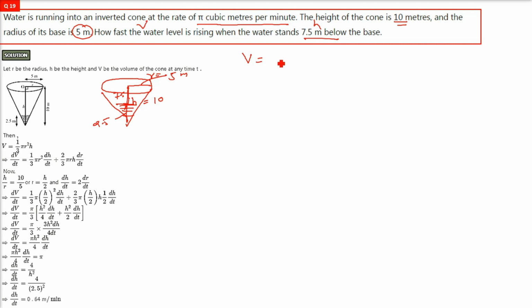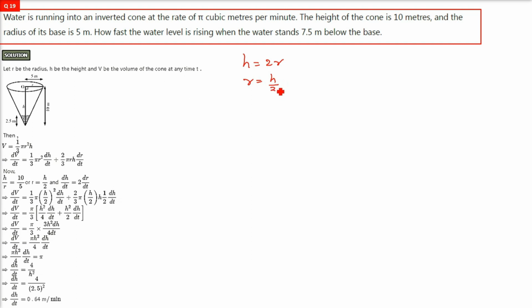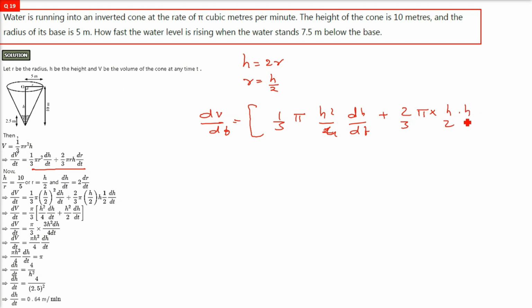So you have the volume as 1 by 3 pi r square h, and we need to find dh/dt, as I already told you. The water level is rising; right now it is 2.5, it will go up, and dh/dt is to be computed. When we compute dV/dt, starting from 1 by 3 pi r square h, you can write r as h by 2 and square it, and then we have 2 by 3 pi, because this comes after the differentiation.